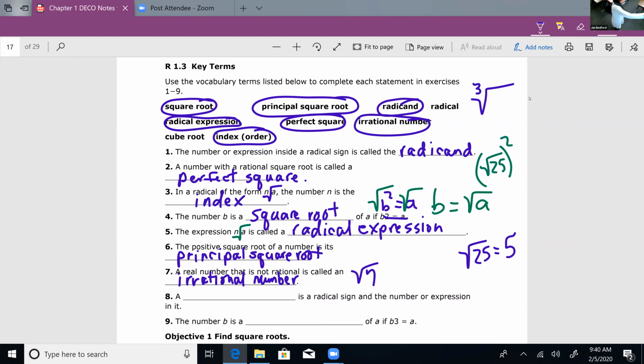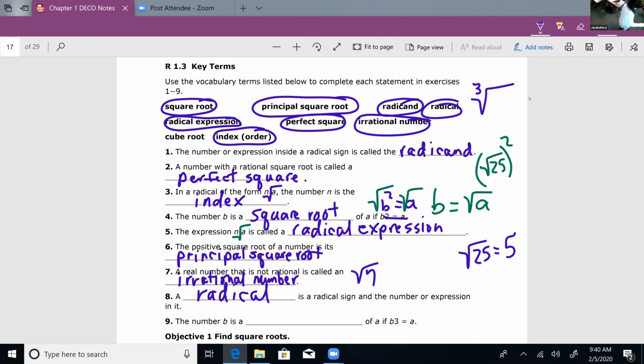I see 2 things that aren't circled. I've got radical and I've got cube root. What do you think goes in the blank on 8? A blank is a radical sign and the number or expression in it. A radical. So number 8 is radical, which means number 9 is going to be what?